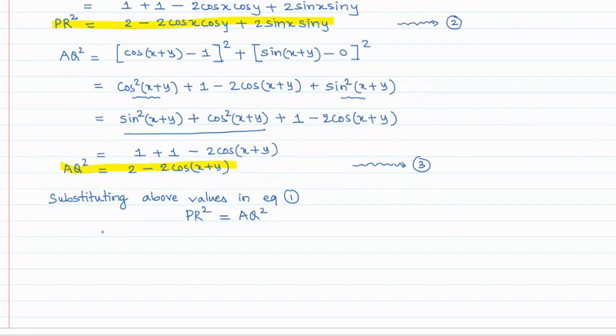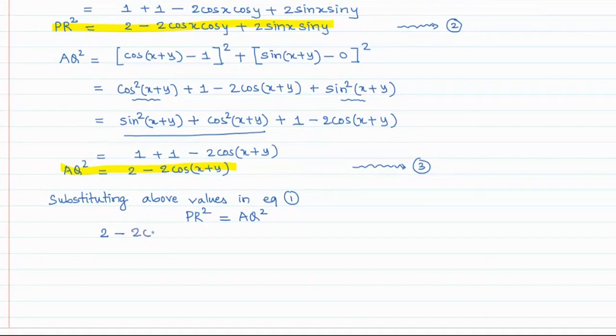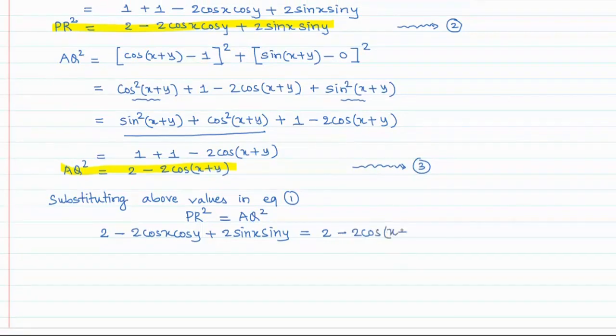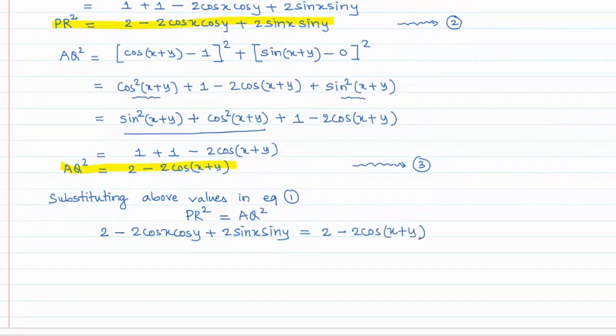So PR square is 2 minus 2 cos x into cos y plus 2 sin x into sin y, which is equal to AQ square, 2 minus 2 cos(x plus y).